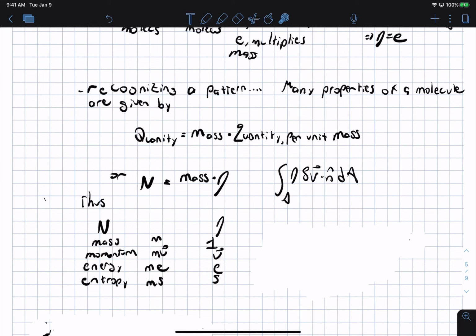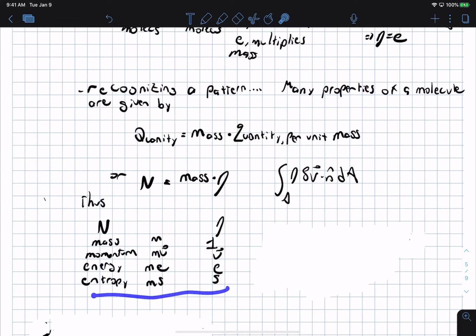If you want momentum, well, that's given by mass times the velocity. So we are taking m times the velocity, and so basically eta would be the velocity. Then you've got energy, E, etc.